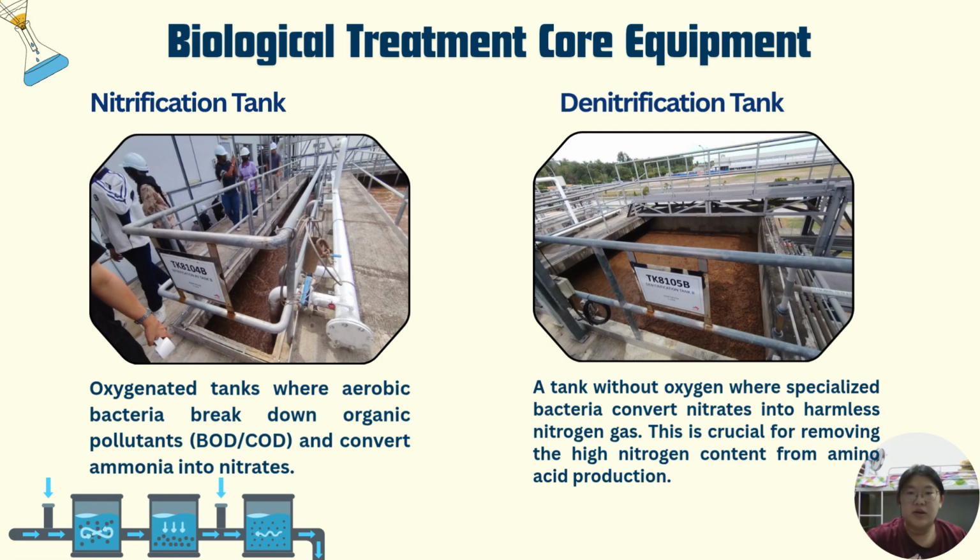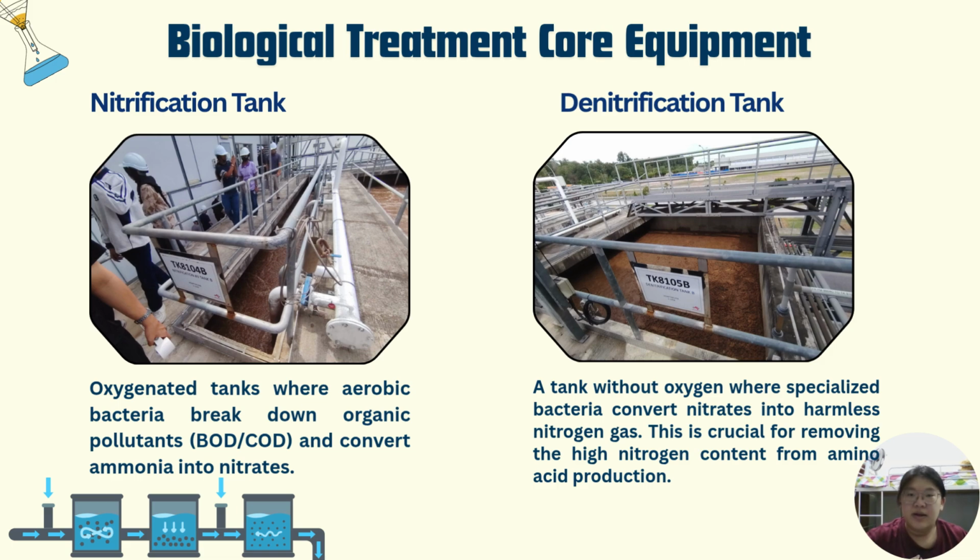Next, the water moves through the two critical biological processes. In the nitrification tank, which is heavily oxygenated, aerobic bacteria break down organic pollutants like BOD and COD and convert ammonia into nitrates. Continuous mechanical air blowers are used here to keep the dissolved oxygen high enough for these bacteria to thrive and digest the waste.